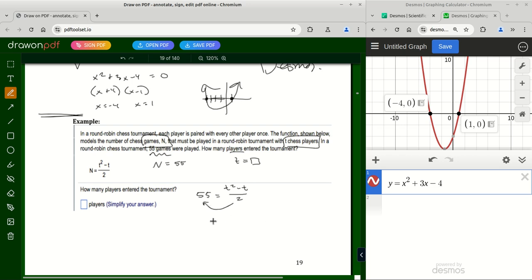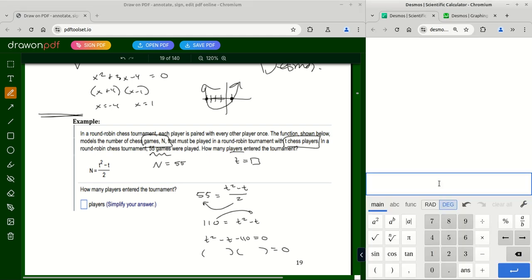I'm going to multiply that 2 over here to make a 110. Move it to the other side so that it's now equal to 0. And then I factor it. So without going too crazy, what two numbers multiply to 110 but add up to 1?